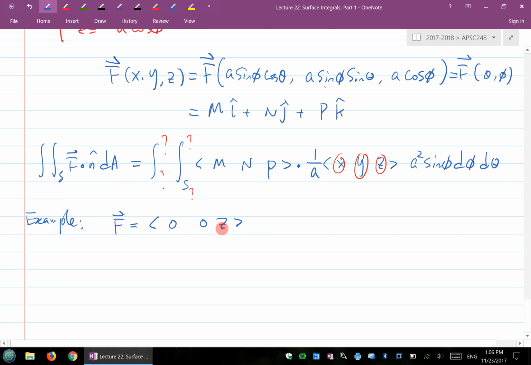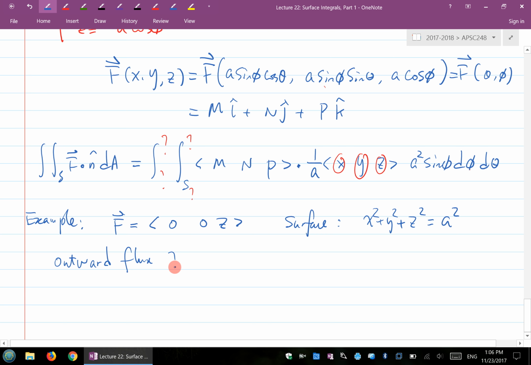Suppose the surface given here is a whole, enclosed spherical surface with a radius of a centered at the origin, and I want to calculate the outward flux.